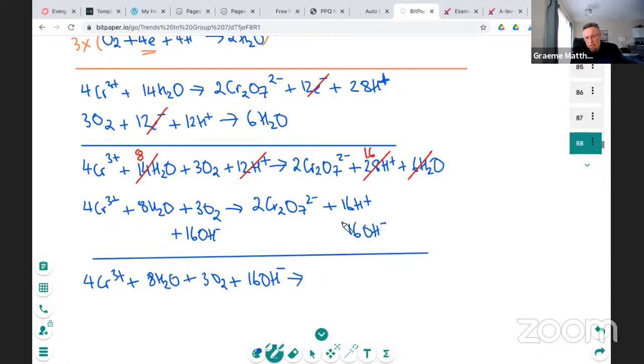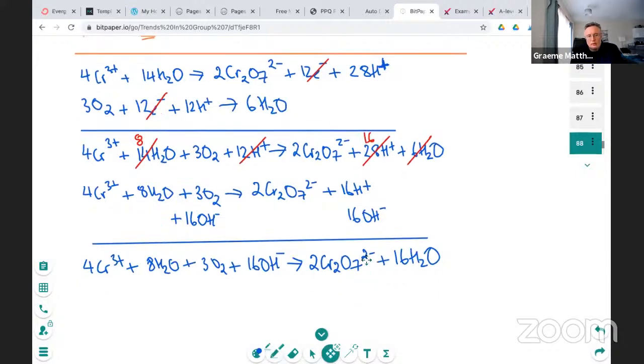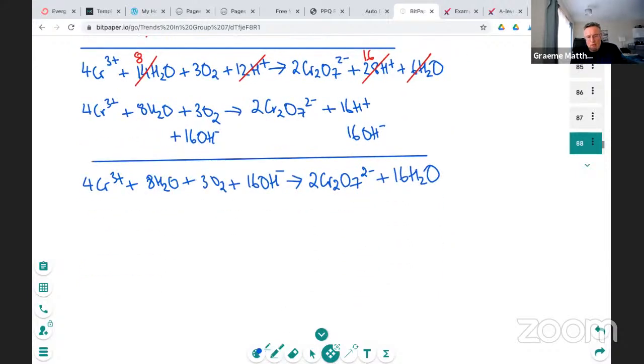On this side, I can convert this into water, right? So I've got 2 Cr2O7 2-, and 16 waters, like so. Now cancel down wherever we can, which in this case, yeah, the 8 waters is gone and leaves you with 8 waters on this side. And you got this. So this is my final answer, like so.